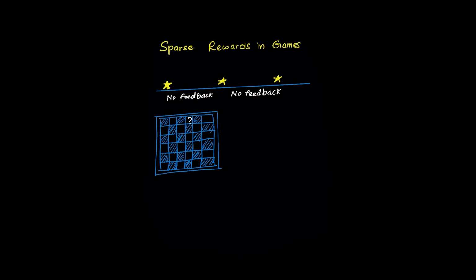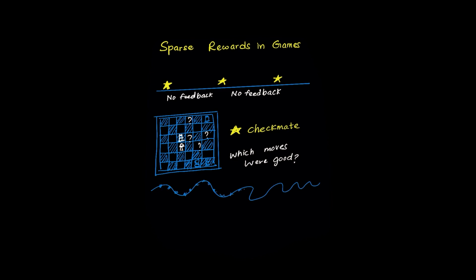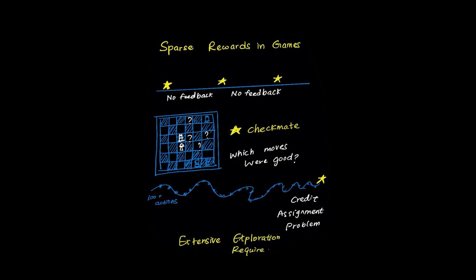This sparsity makes it extremely difficult for AI agents to understand which specific actions contributed to success or failure. The agent might make hundreds of decisions before receiving any reward signal, creating a credit assignment problem, unlike continuous action spaces or deterministic outcomes which actually simplify learning. Sparse rewards force agents to explore extensively and maintain long-term memory of action sequences.